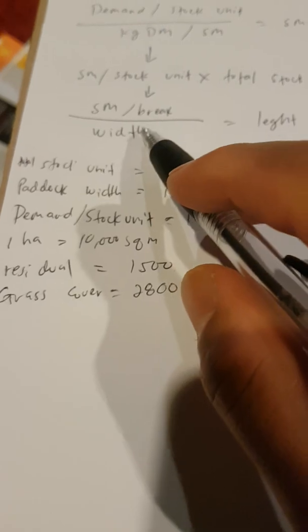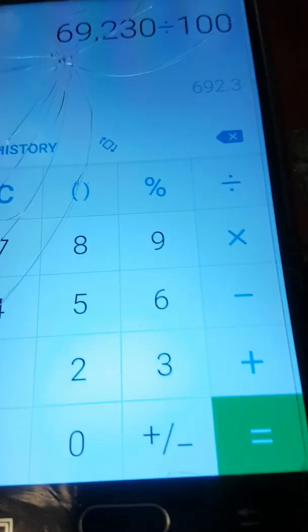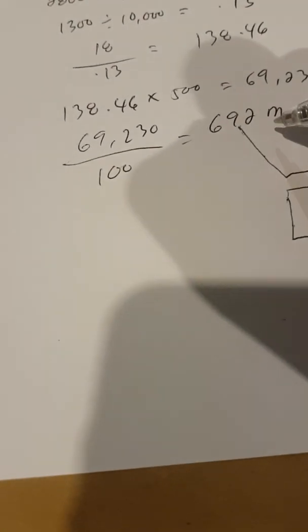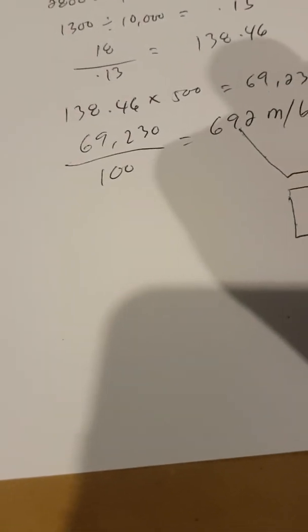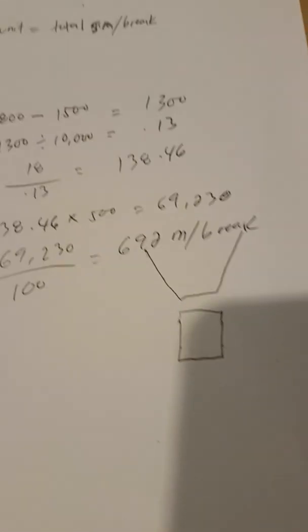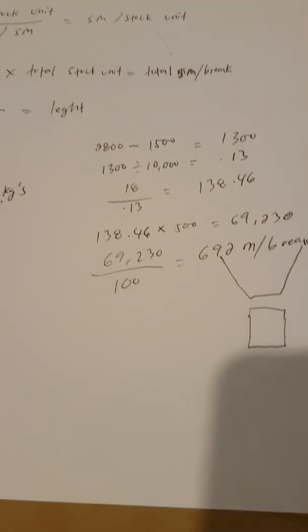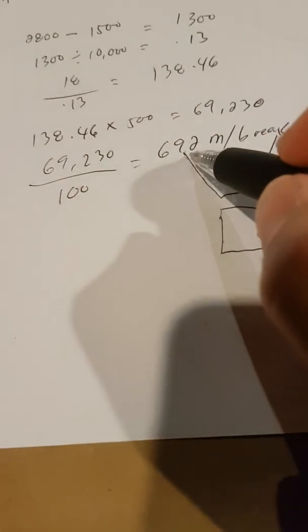So 69,230 divided by 100 meters equals 692 meters per break. So if your paddock is 600 meters long, then you are 92 meters short.